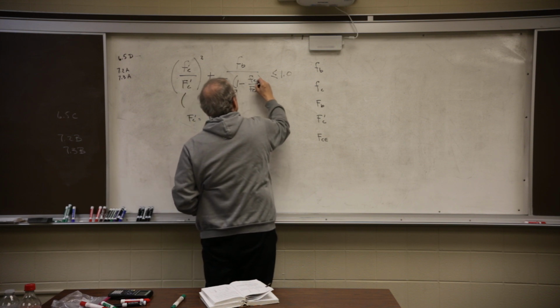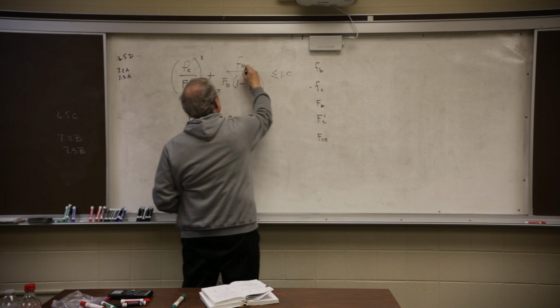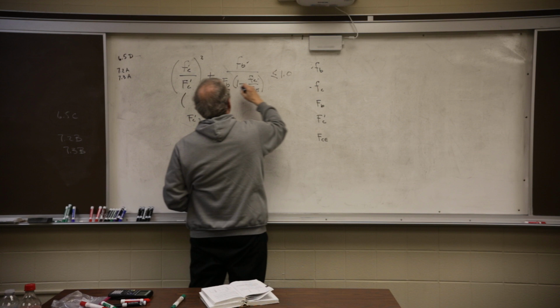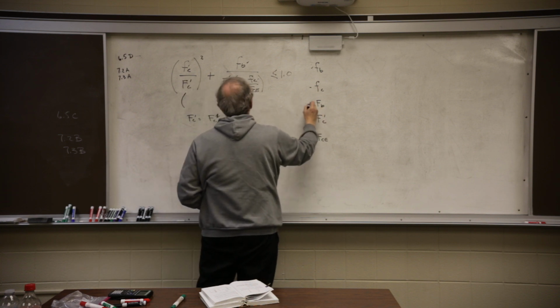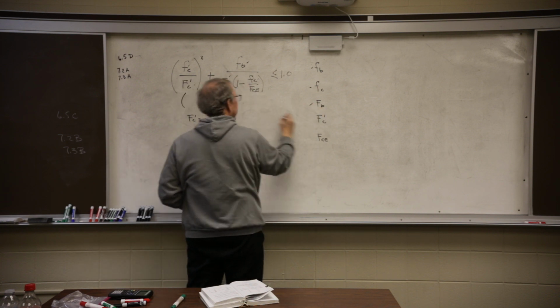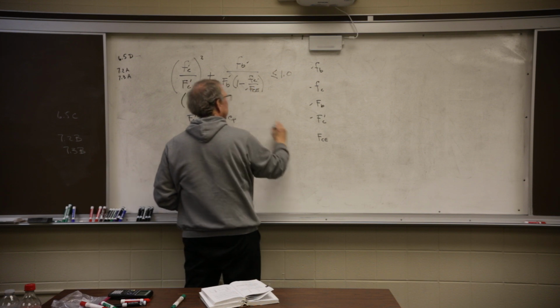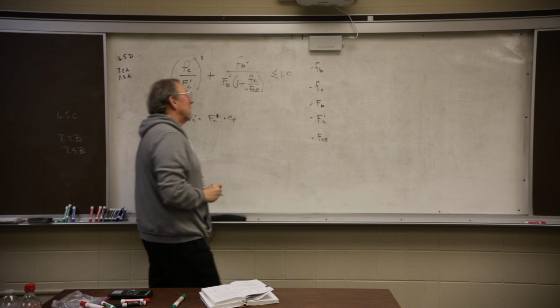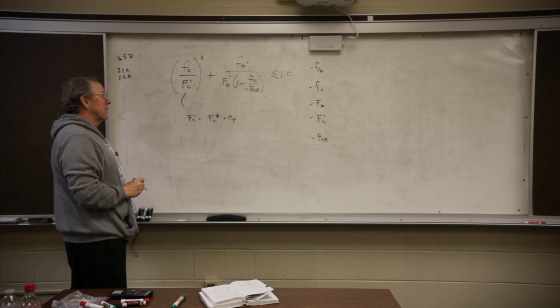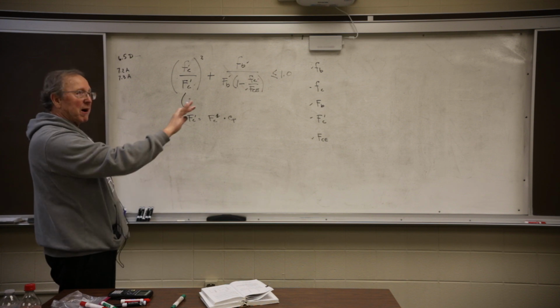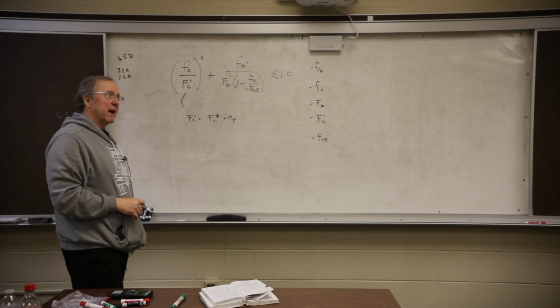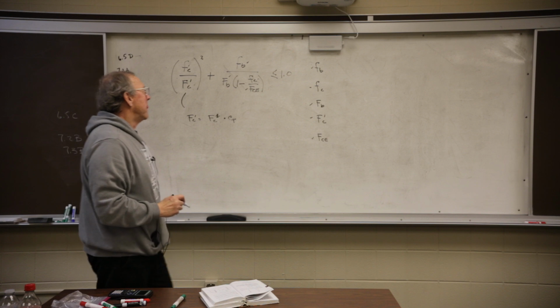Got that one. fb is here. Got that one. Big Fb is there. I've got that one. Fc prime is there. I've got that one. FcE is there. I've got that one. Okay, let's see how we're going to continue now. I'm working my way to the right. When I get done, I'm going to have a laundry list for you.